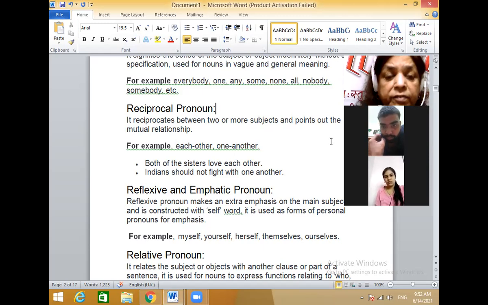Now, give me the difference between each other and one another. क्या फर्क हो जाता है? They spoke to each other, and you must help one another. What is the difference? आप कहाँ यूज करेंगे each other and कहाँ पर आप one another यूज करेंगे?